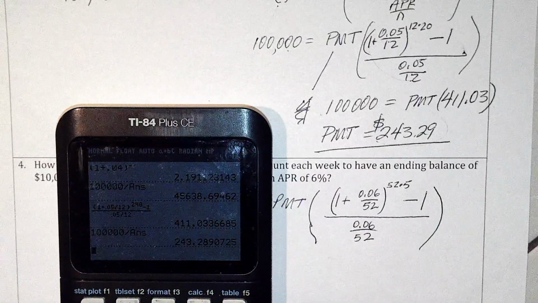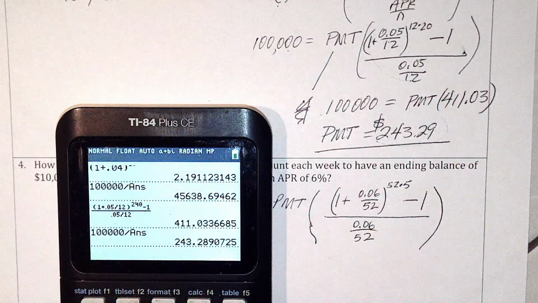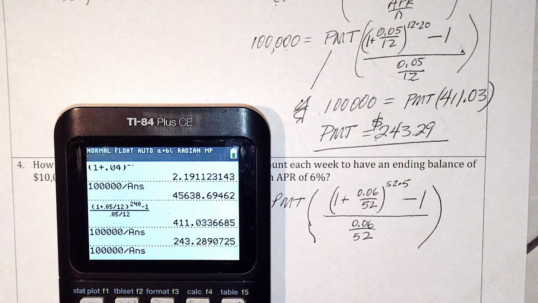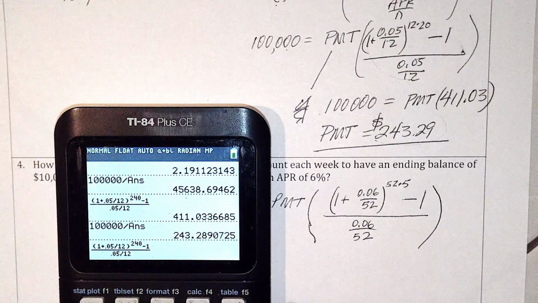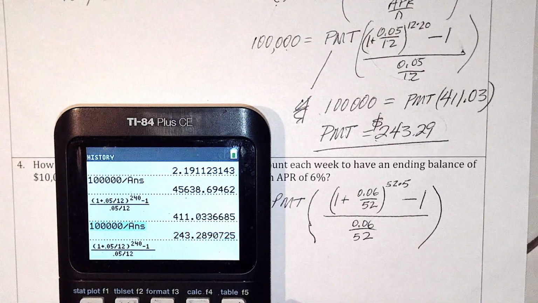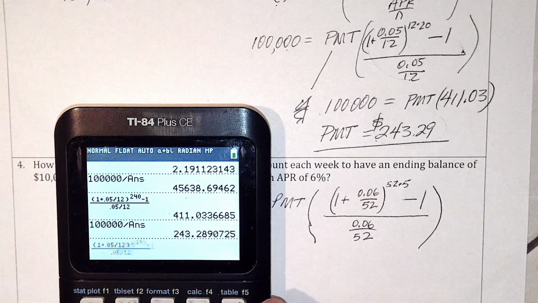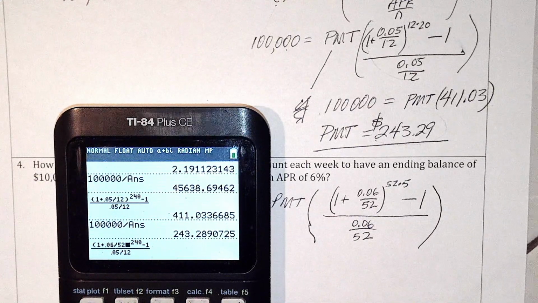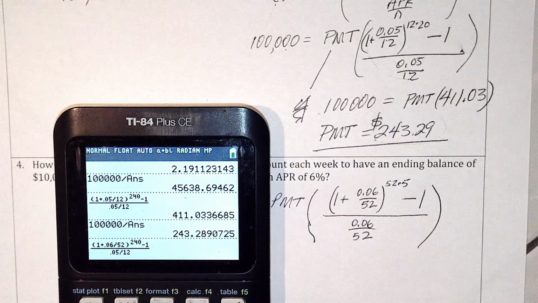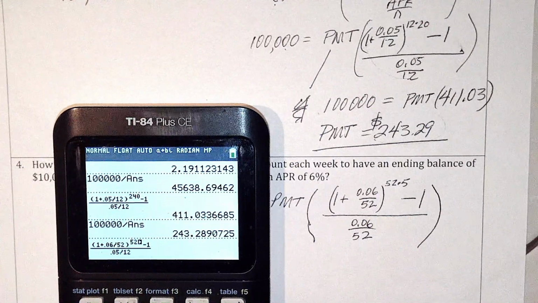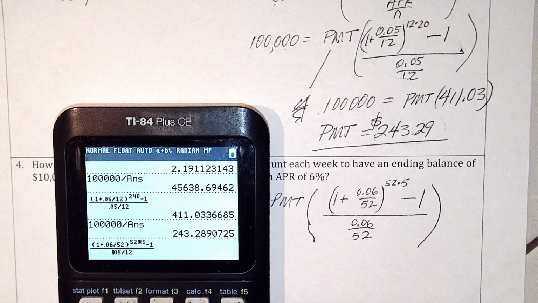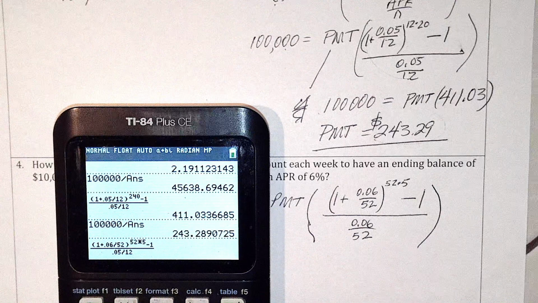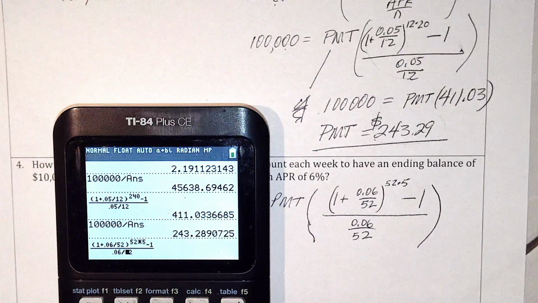That number is going to be done similarly to that one, so I'm just going to bring that one back and change the numerator to 6%, 52 times a year. 52 times 5 is the exponent. And down here, 6%, 52 times a year.